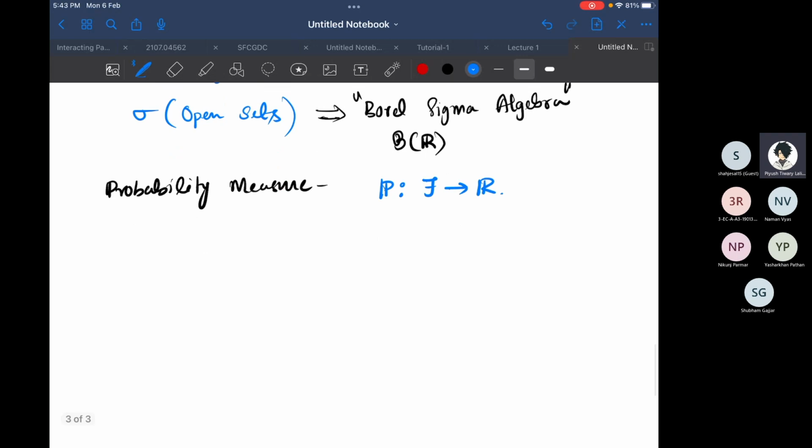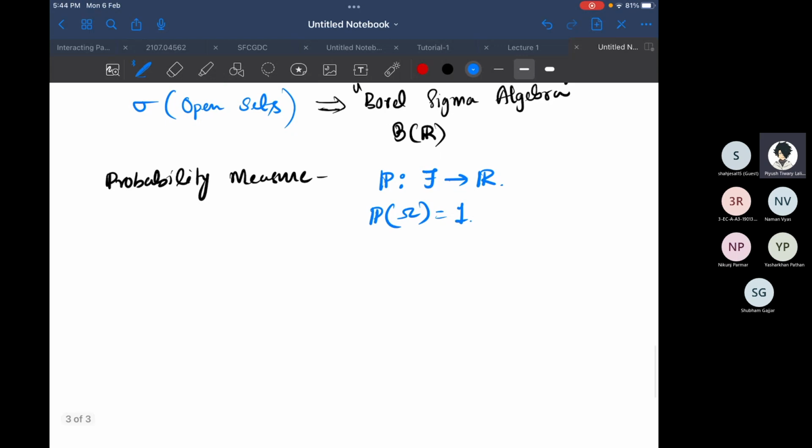I will explain it to you, but let me write one more thing. This is the definition of any general measure, but a probability measure is a special one, which assigns omega a weight of 1. In some sense, this is what probability is. Whenever we talk about probability, we are actually talking about a probability measure.